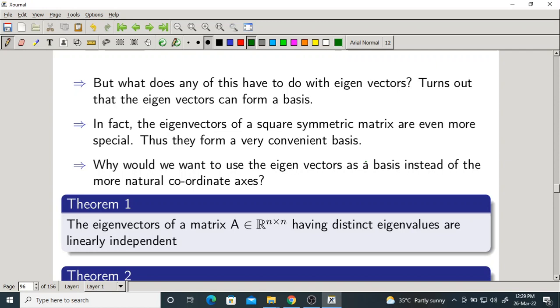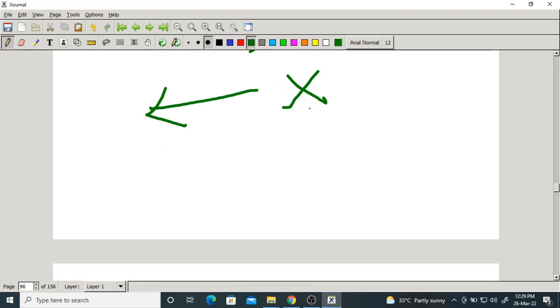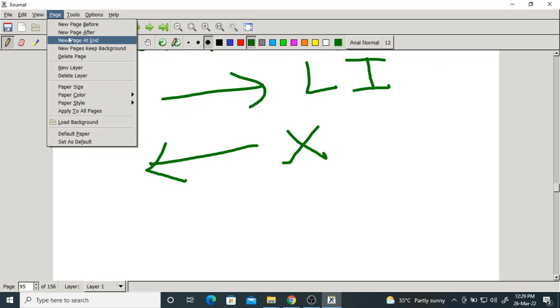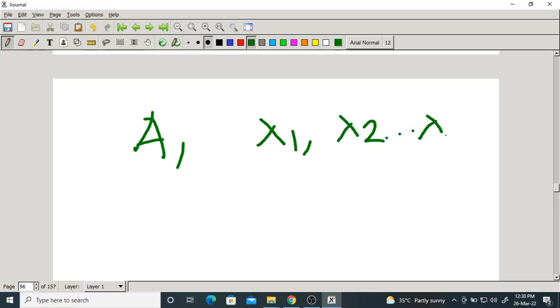Now let us come to our linear algebra. Our eigenvectors can form a basis. What are eigenvectors? Suppose we have a matrix A. It has some eigenvalues, lambda 1, lambda 2, and so on, lambda r.